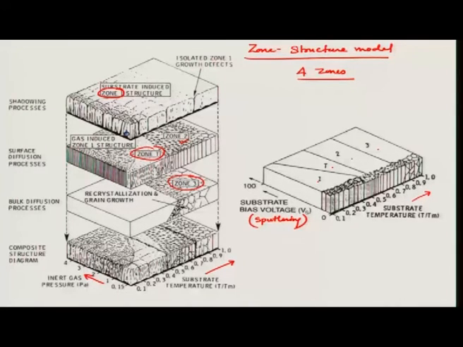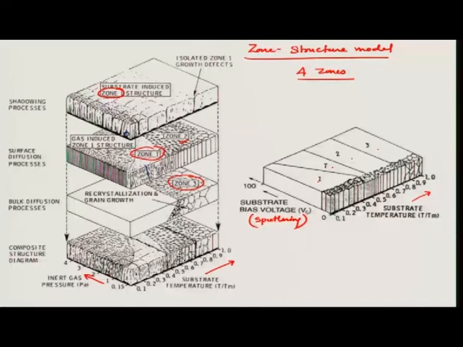Zone T, shown here, has very long and thin grains with voids, and these are called fibrous grains. In zone 2, you can see faceted column tops with almost no gaps between the grains, so these voids are filled.